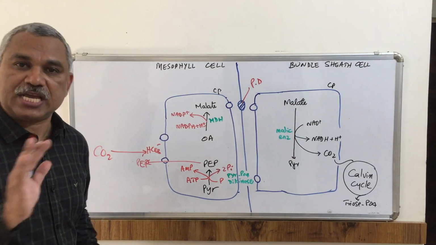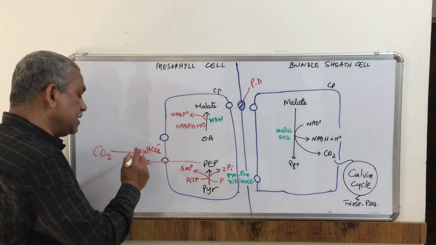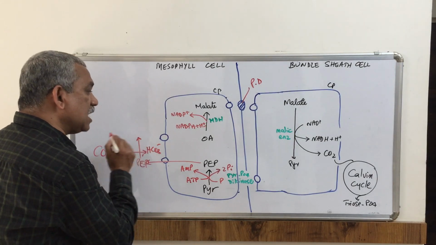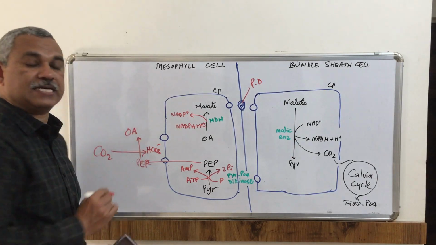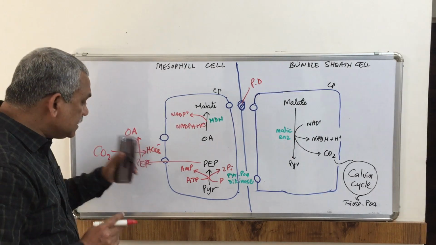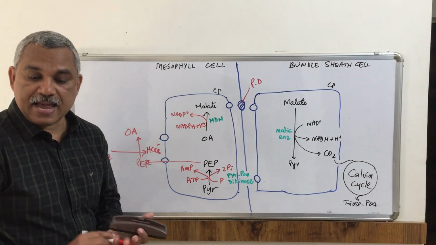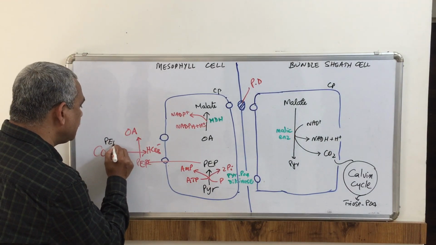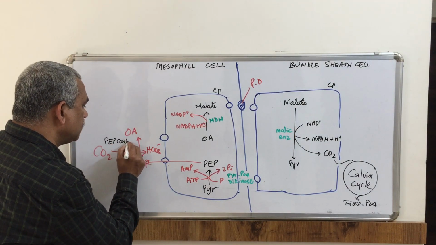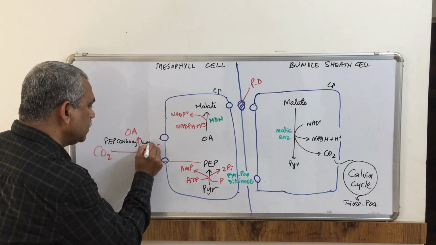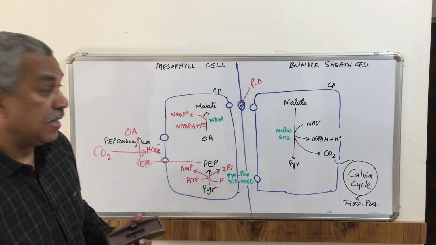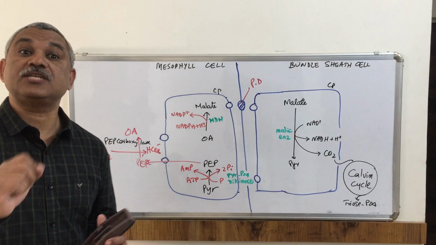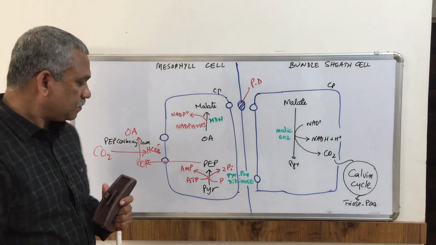PEP is a 3-carbon compound, one more carbon is added, so that it is converted to oxaloacetic acid. And this is catalyzed by an enzyme known as PEP carboxylase. PEP carboxylase will attach a CO2 and we get oxaloacetic acid.